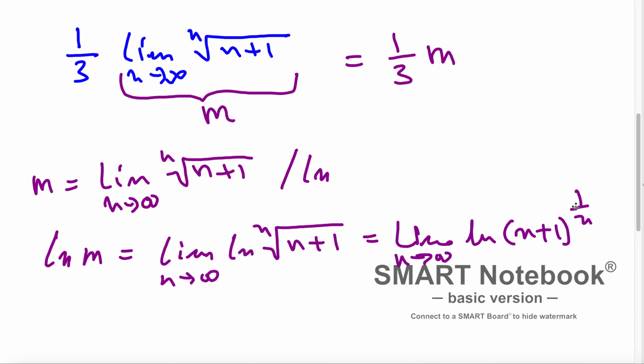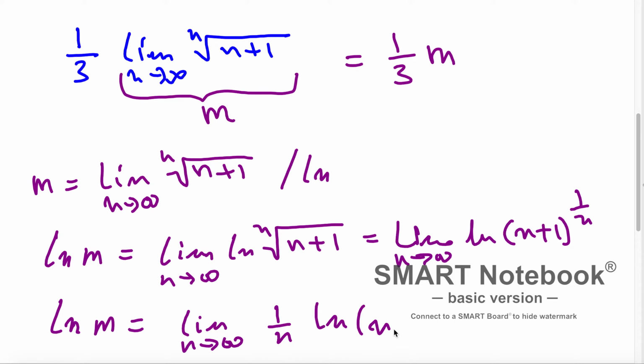According to the exponent properties, we can write ln m is equal to the limit as n goes to infinity of 1 over n times ln of (n plus 1).